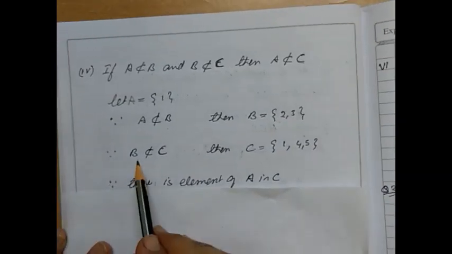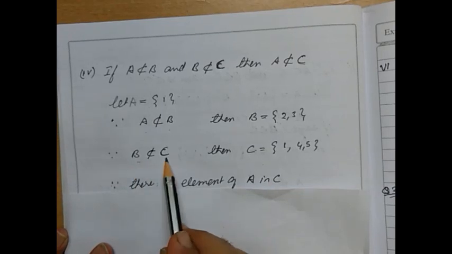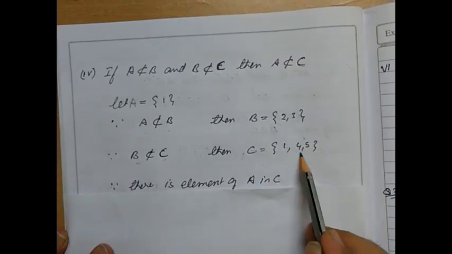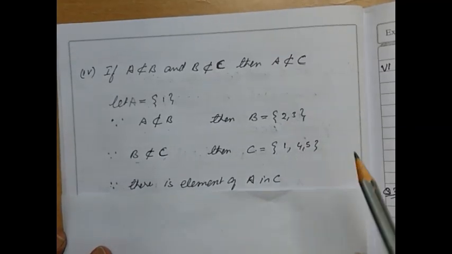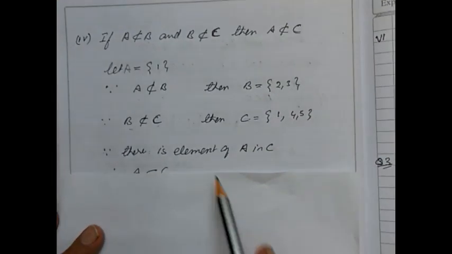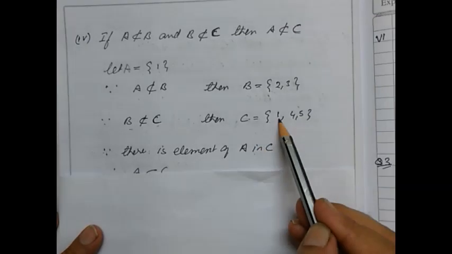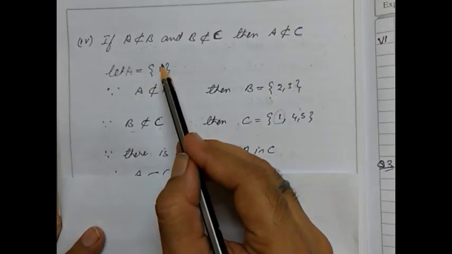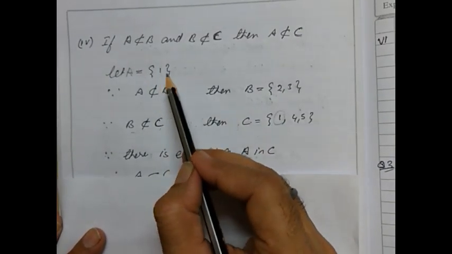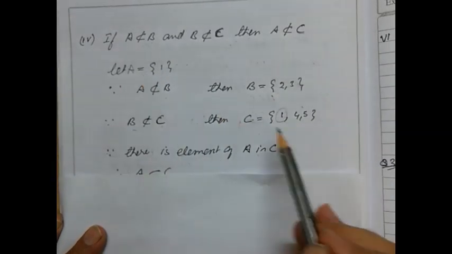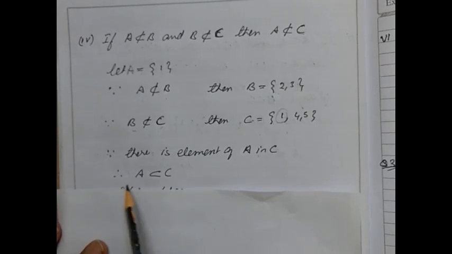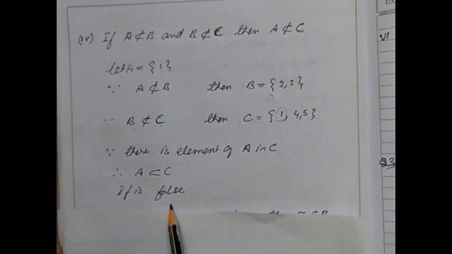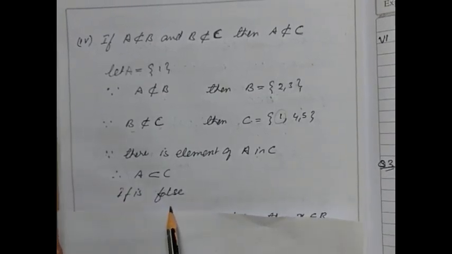B is not a subset of C, so C will contain all those elements which are not present in B. Since the element of A is in C, if you see that 1 is here and 1 is here, isn't it? So is this contained in C or not? So we can say that A is a subset of C. So it is false. I hope this is clear.